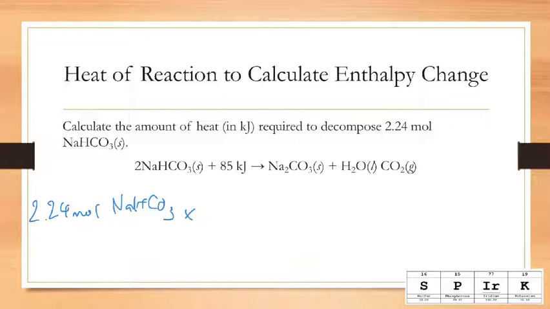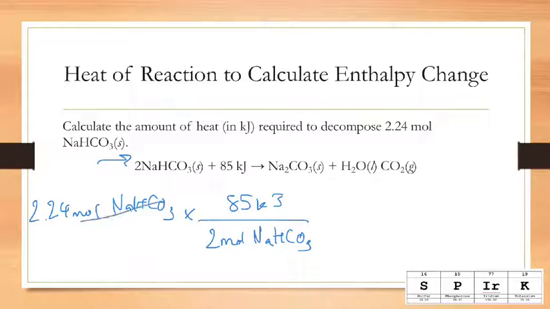We can say that for every 2 moles of sodium bicarbonate, we have 85 kilojoules of heat. And I just pulled that straight from our balanced chemical equation. So the moles cancels with the moles, and we get an answer of 95 kilojoules. So what this means is that for us to decompose 2.24 moles of sodium bicarbonate, it would require 95 kilojoules of energy.